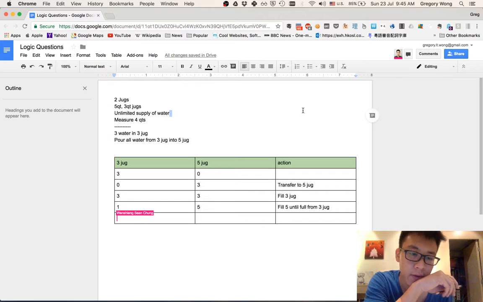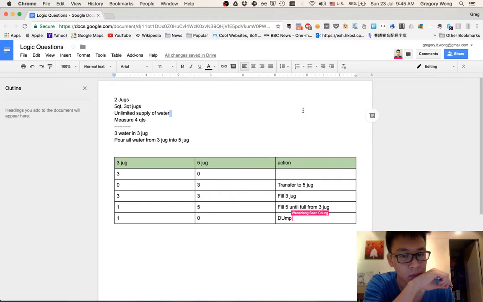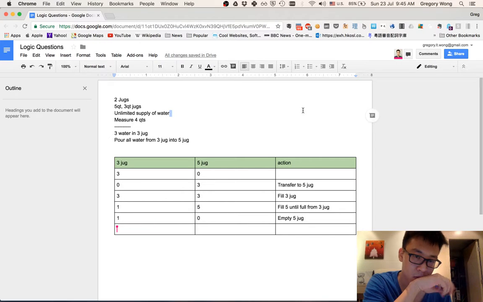Since you want 4 quarts, we can pour out all the water. We use this 1 quart, and then we use the 3 to fill it again. So dump the 5 jug. Pour the 1 quart into the 5.